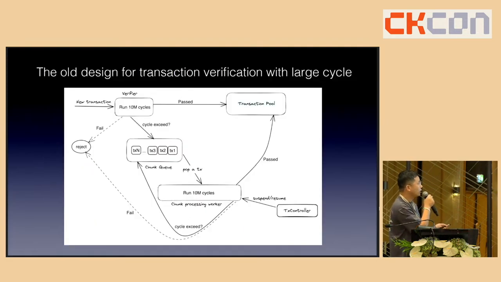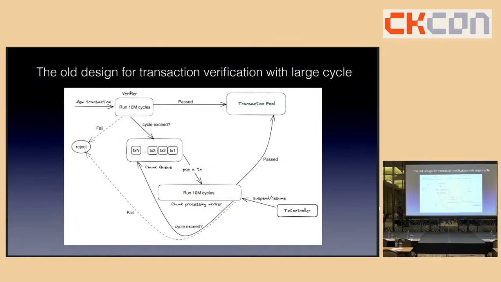So this is the old design for transaction verification with large cycles. When a new transaction is submitted, we will first try to run 10 million cycles. Then if the cycles are exceeded, we will push the transaction to a chunk queue.